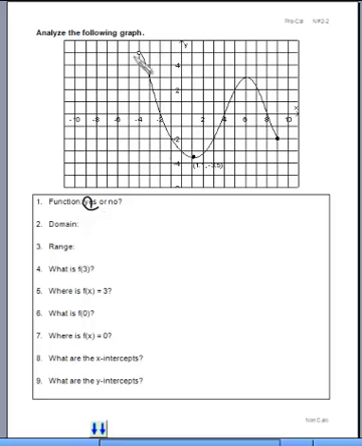What is the domain? Well, the lowest value of x here is negative 4, so we go to negative 4, and the highest value is up here at 9. Always look on the x-axis for those domain values, and then you read your graph down to the x-axis. Negative 4 is this open circle there, so it's not included.